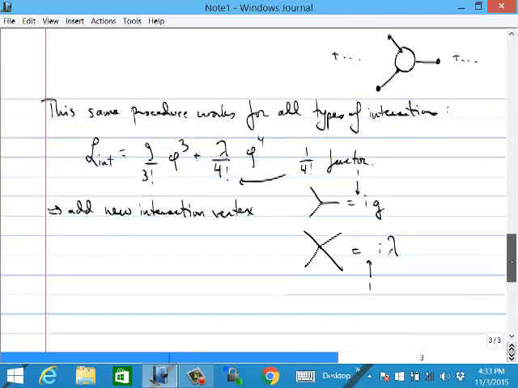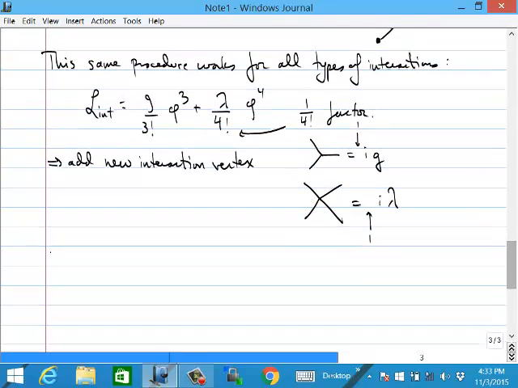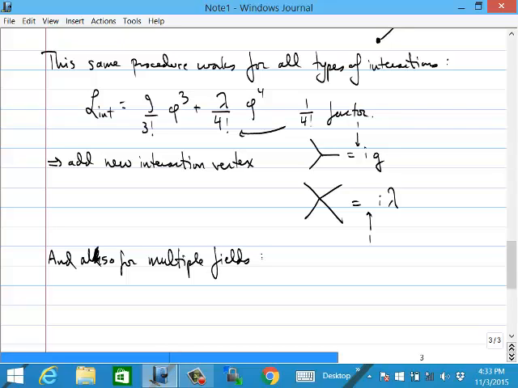And this does not just work for all sorts of interactions, but also for theories with multiple fields. So, just for example, let's imagine that I have 2 different kinds of field.